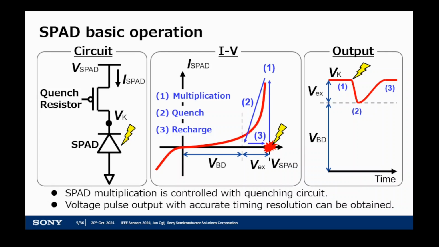In addition, the timing of this voltage pulse output is precisely aligned at the sub-nanosecond level with the photon incidence, so a voltage pulse output with accurate time resolution can be obtained with the SPAD.